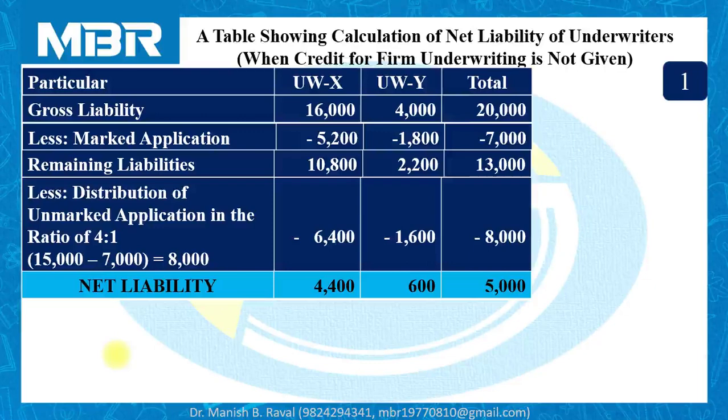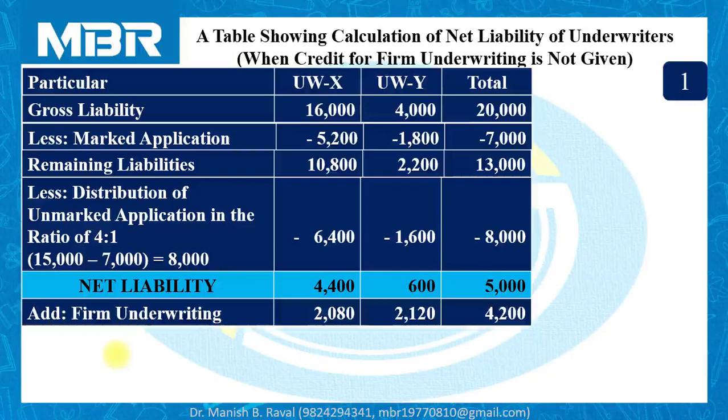That is known as firm underwriting. The numbers of shares as per firm underwriting are required to be purchased by underwriters X and Y, and these shares are also allotted by the company to the concerned underwriters. So in this net liability we need to add firm underwriting.